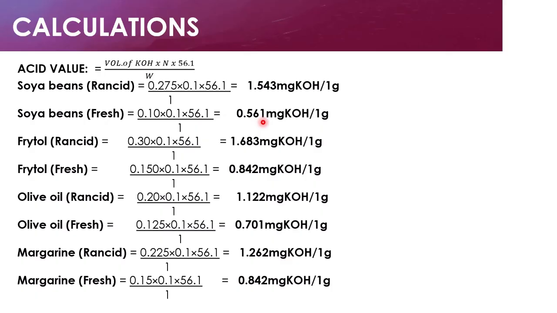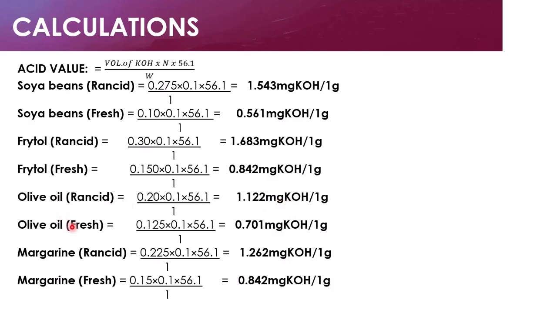For the rancid vegetable oil or fried oil, we have 1.683 milligrams of potassium hydroxide per 1 gram. For the fresh fried oil, we have 0.842 milligrams of potassium hydroxide per 1 gram. For the rancid olive oil, we have 1.122 milligrams potassium hydroxide per 1 gram.